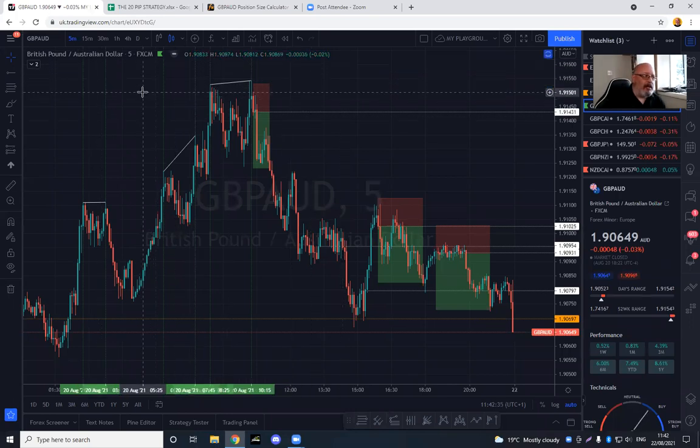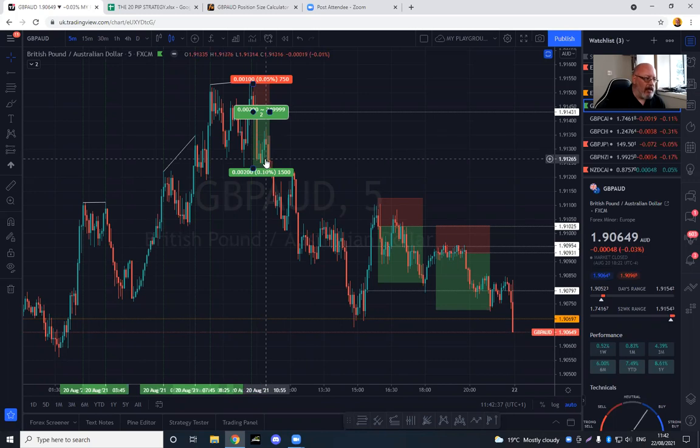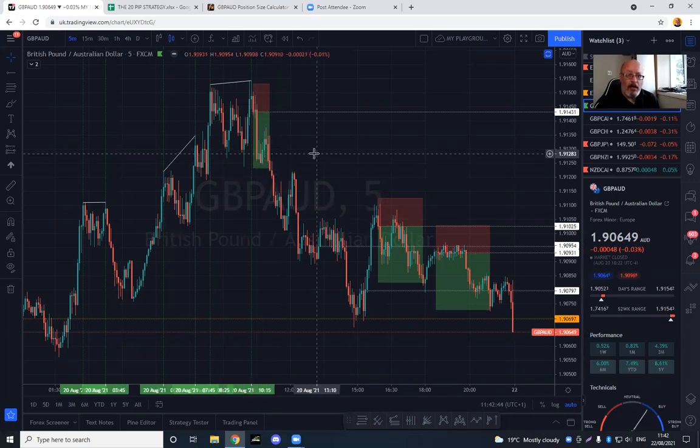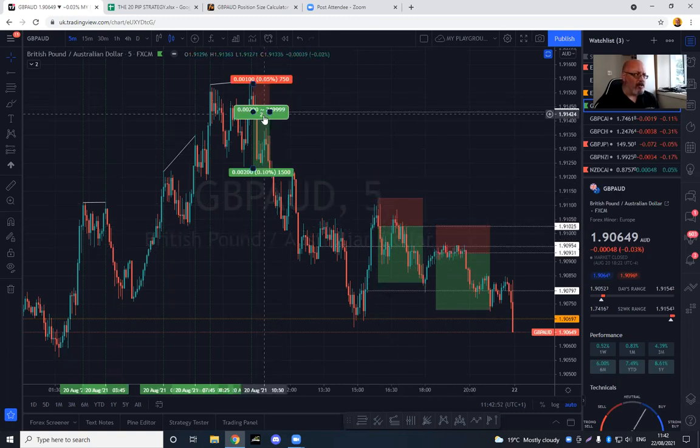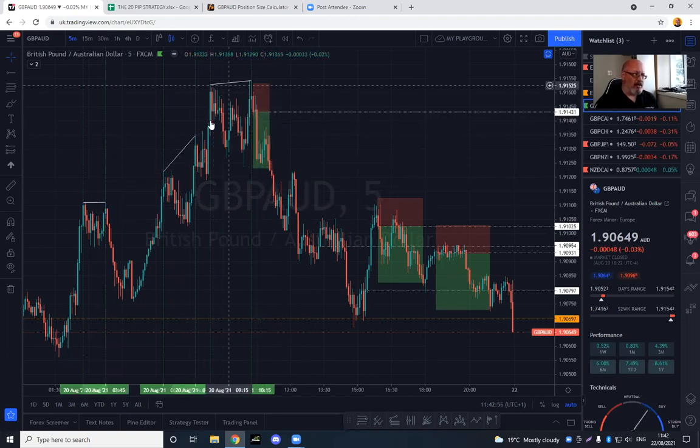Here is the pound Australian dollar. This is from Friday, Friday the 20th of August 2021. So if you happen to be watching this in the future, the markets are now closed because this is Sunday. It's the 22nd of August, and this is what happened on Friday. So as you can see, I've marked up here. You've got some lines on here, which is from previous activities overnight.